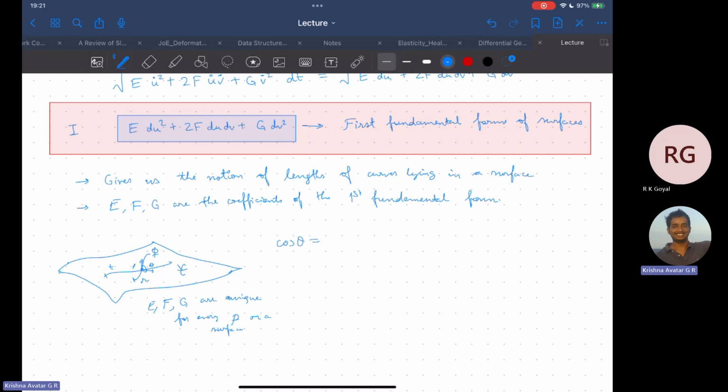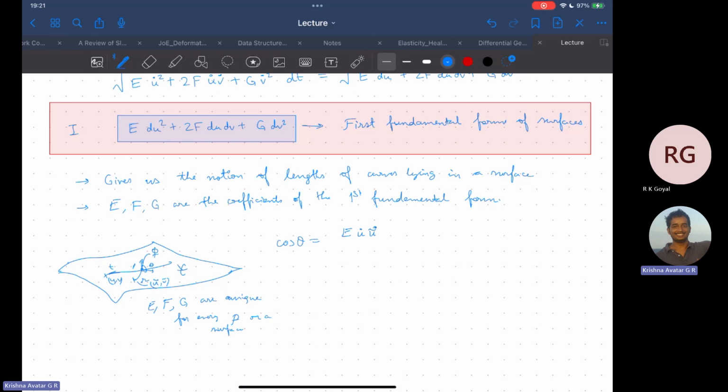Now cos theta is given as E u dot u tilde dot, and so I'm using u dot to imply coordinates along u comma v along this gamma curve, and u tilde comma v tilde as the variation of parametric space along the curve phi vector here.